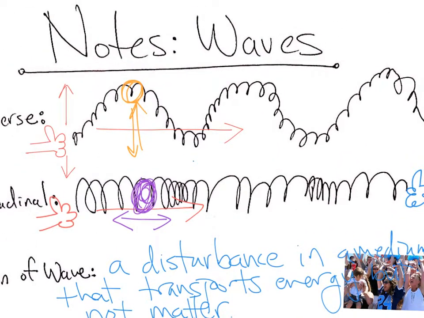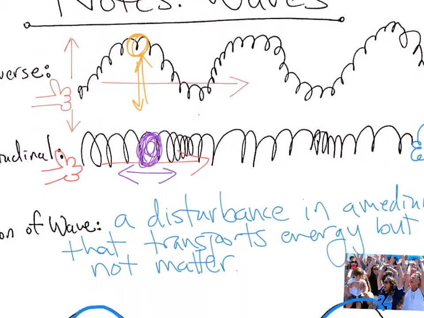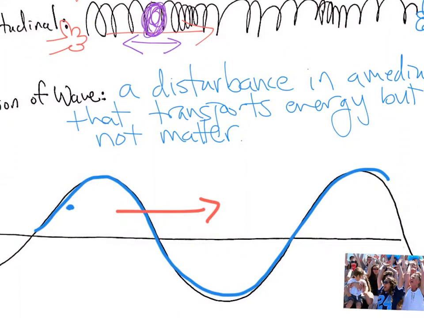Just like with our slinky example, this part of the slinky doesn't move down the slinky to your friend. It just moves back and forth like this. And the same thing happens with water molecules. So we're going to talk about ocean waves, and we'll talk about sound waves, and there are actually a lot of really interesting things related to this. We're going to get some white marker here so we can do some erasing.